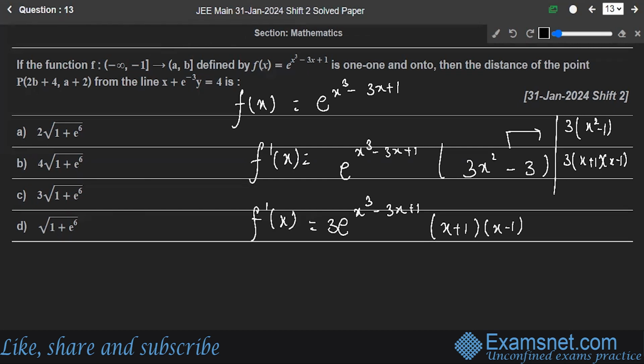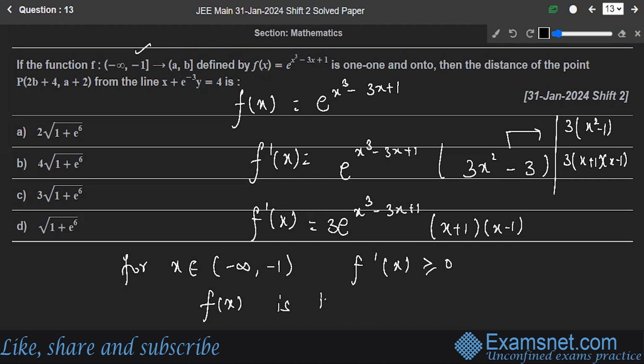Now for the given interval, x belonging to minus infinity to minus 1, this derivative is greater than or equal to 0. That means f(x) is the increasing function.